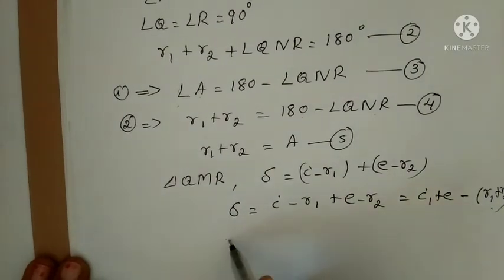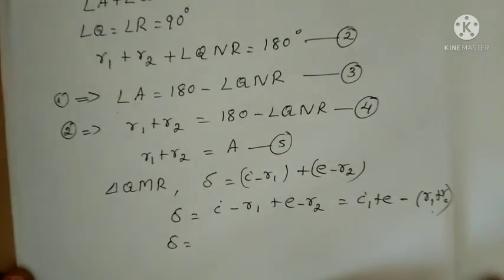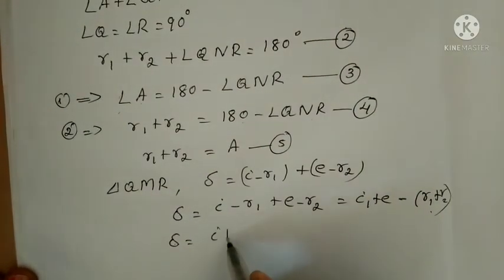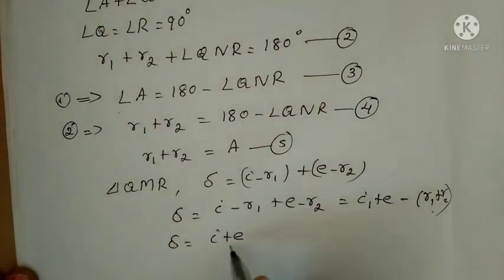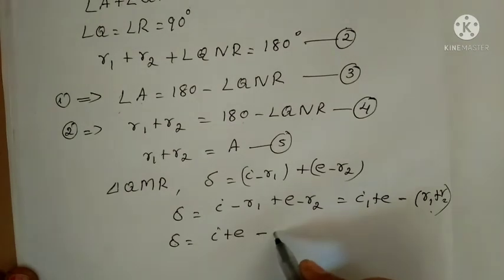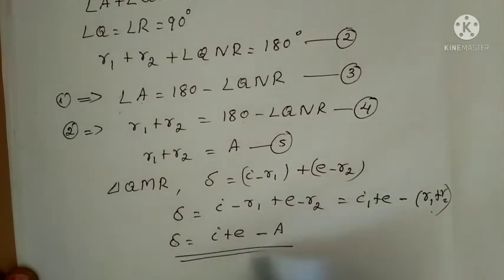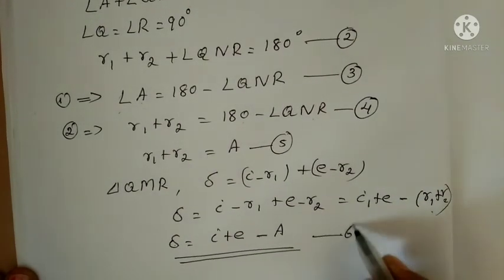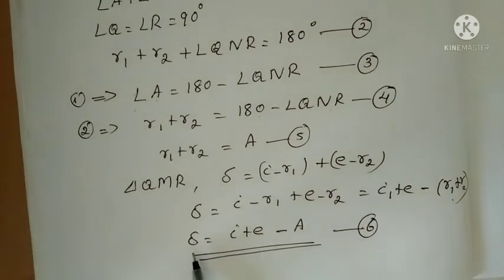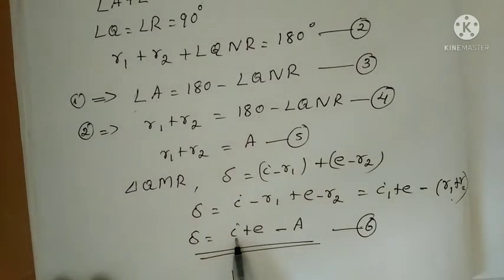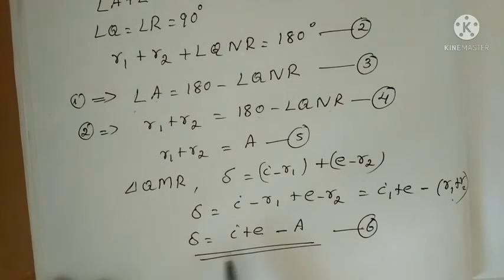So delta equal to I plus E. What is R1 plus R2? From the fifth equation, that is A. So I plus E minus A. This is noted as equation number 6. So this is the relation between angle of deviation, angle of incidence and angle of emergence: delta equal to I plus E minus A. Clear?